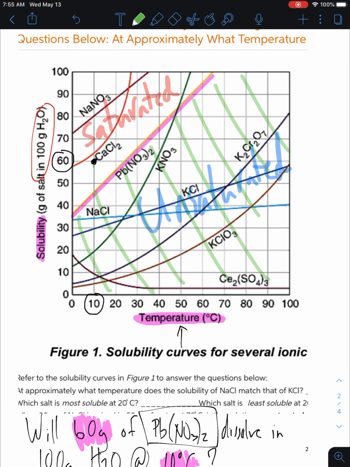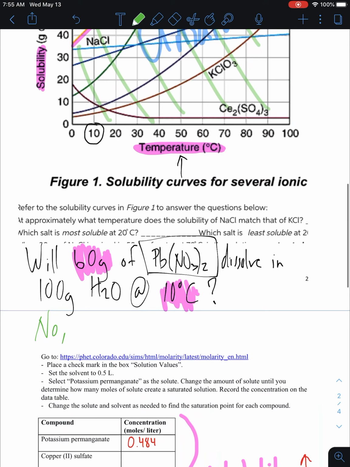It turns out it's more like 45 grams. 45 grams dissolves. And then PbNO3 is saturated.